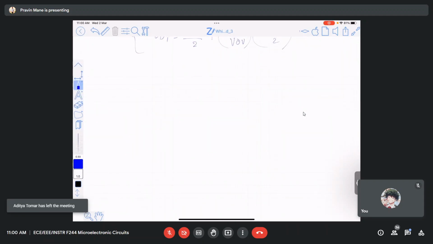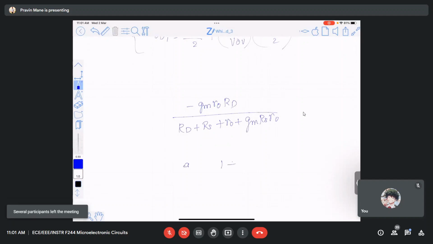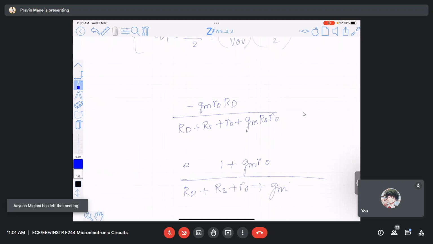I generally say that it is not difficult to remember for all the configurations. For example, for common source amplifier, it is minus GM RO RD divided by RD plus RS plus RO plus GM RS RO. For common gate configuration, it is 1 plus GM RO divided by RD plus RS plus RO plus GM RS RO, into RD, whole RD.